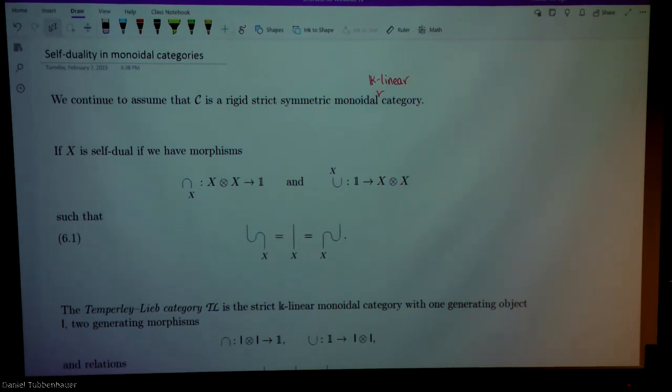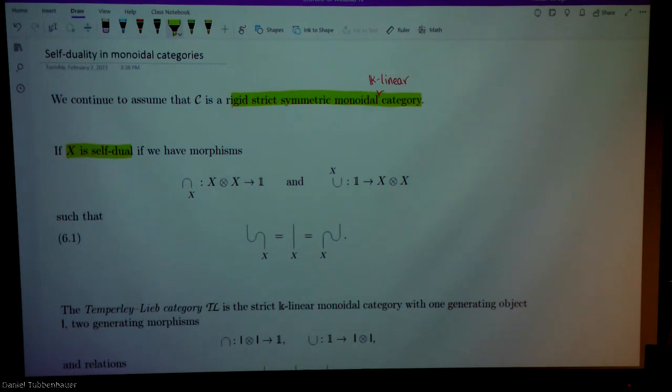So we're going to continue to make our usual assumptions on our category, that it's rigid and symmetric monoidal and k-linear, right? So remember, rigid means it has duals, and symmetric monoidal means it has these crossings that satisfy the axioms that we discussed. So what does it mean for an object to be self-dual?